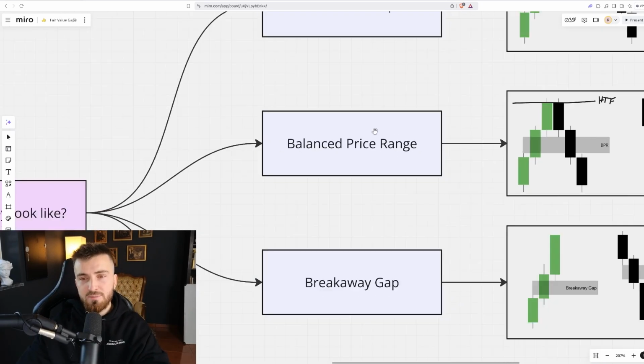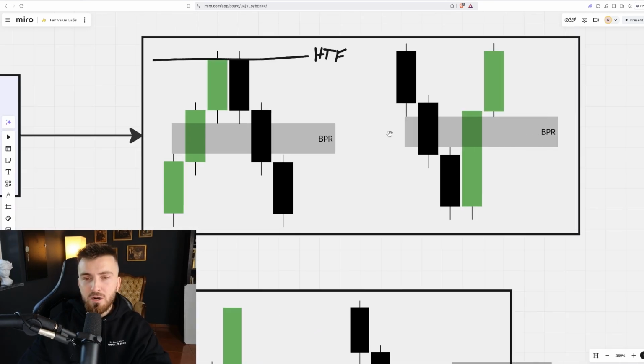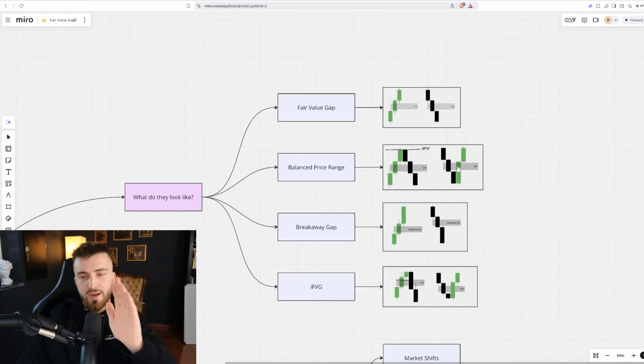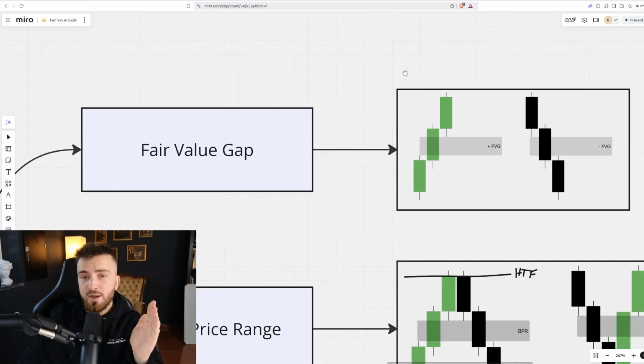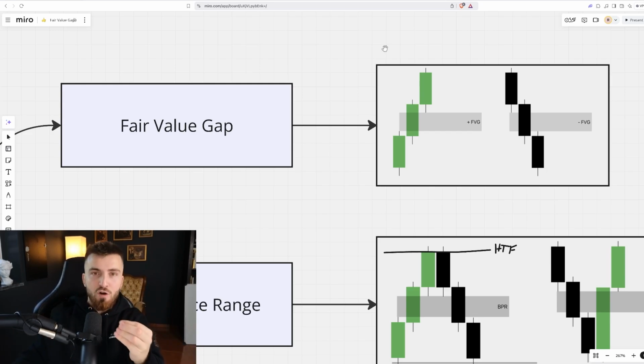So first of all, it's the balanced price range, or what people call the BPR. By the way, sorry, I'm going off on a tangent here, but have you ever heard the words SIBI and BISI? That's the same thing as a bullish fair value gap and a bearish fair value gap. That's what pisses me off with people that are teaching.